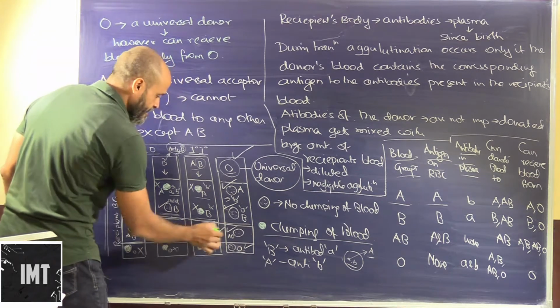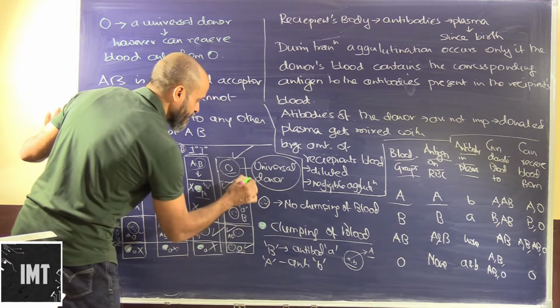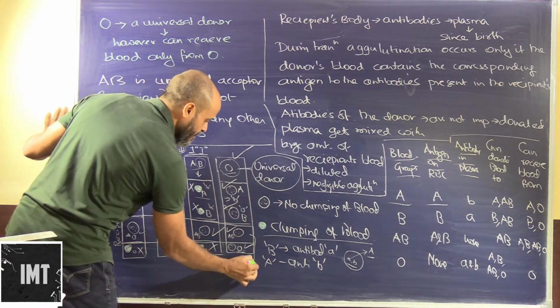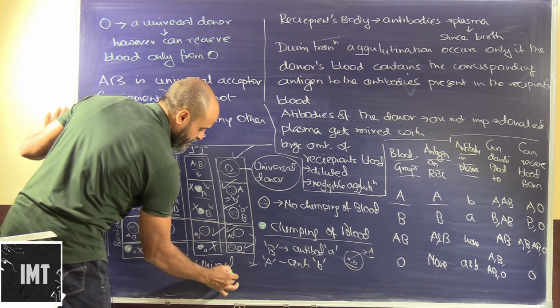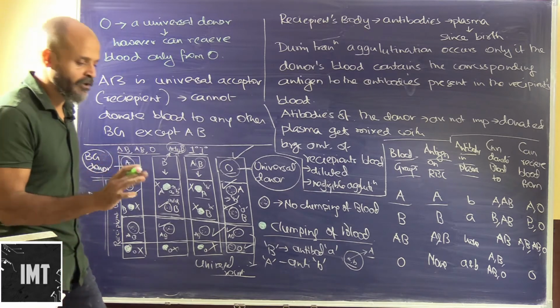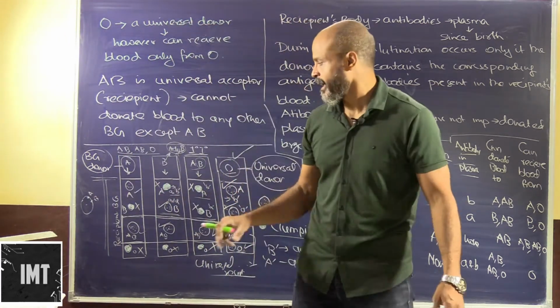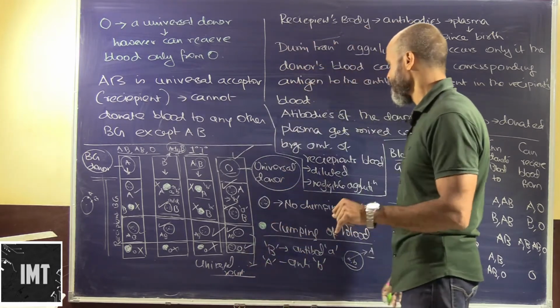So this is known as a universal recipient, and this is known as a universal donor. A person having AB blood group can receive blood from anyone, and a person having O blood group can donate blood to anyone. Okay, so that is one thing.